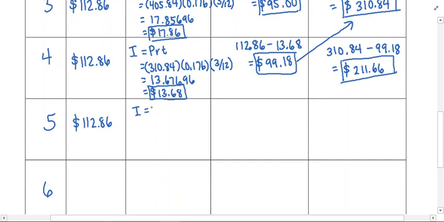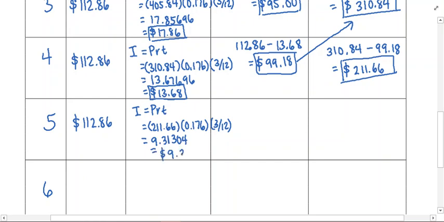Plug into I equals P times R times T. Our previous balance was $211.66. That's what was accruing interest at 17.6% for 3 months out of 12. Put that in your calculator. It will give you 9.31304. Round that to the nearest cent.